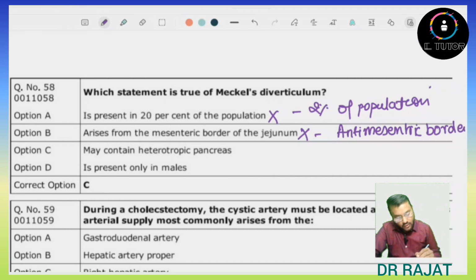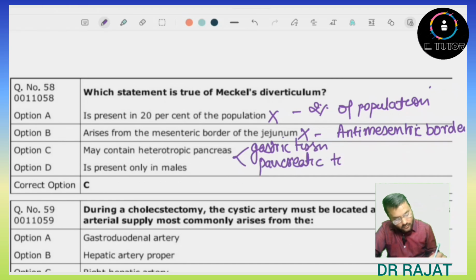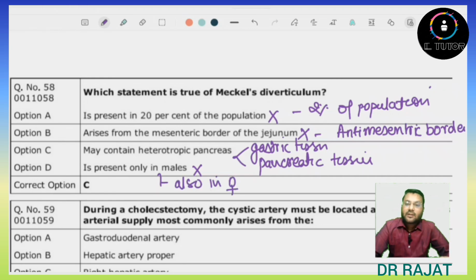Yes, this is true because in Meckel's diverticulum, heterotopic tissue such as gastric tissue and pancreatic tissue can be present. And is present only in males. This is again a false statement. It can be present also in females. So answer here will be option number C, which is a true statement. May contain heterotopic pancreas.